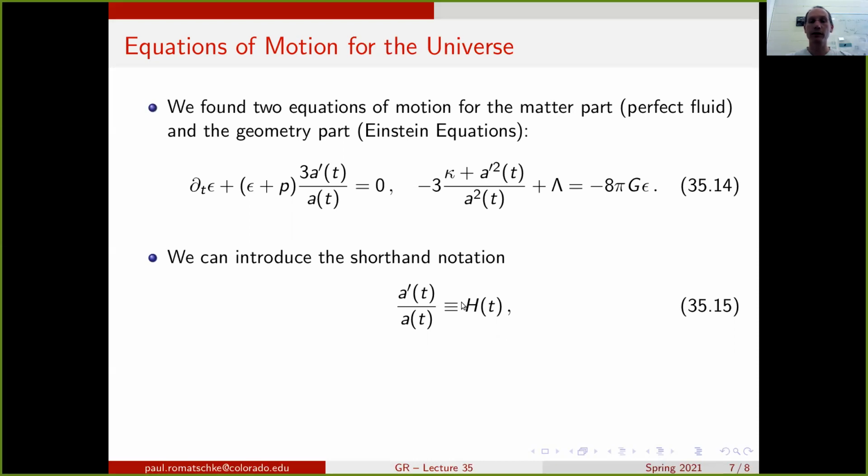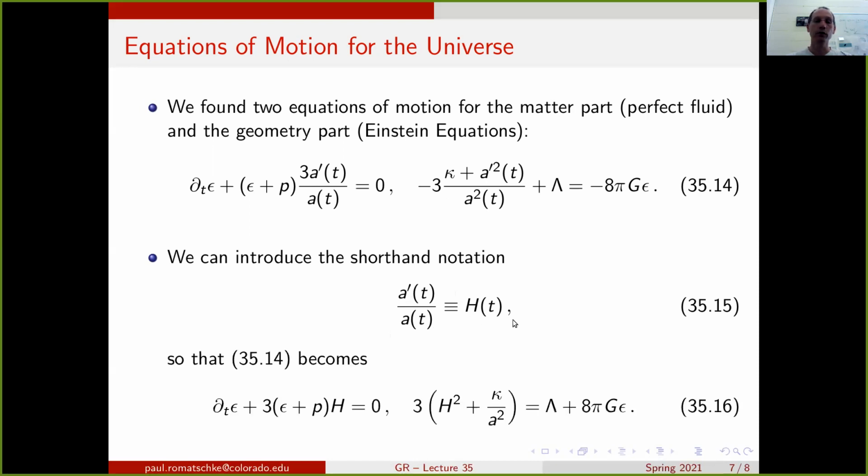We notice that in these equations, the derivative of A always appears in this form, A prime over A. So we introduce a shorthand notation, A prime over A, to be denoted by H of t. If we do that, then the form of the equations looks simpler. So it becomes the following form here, where remember that H here is now this derivative here.